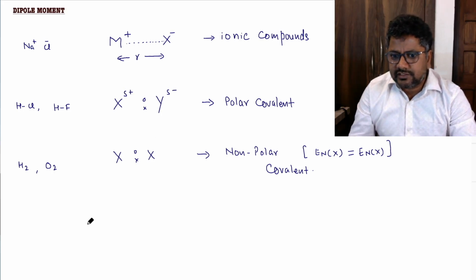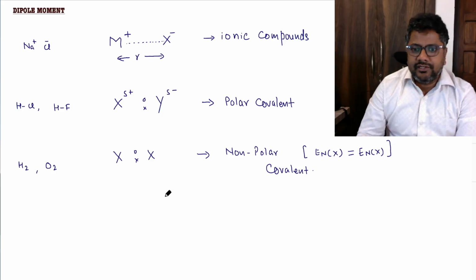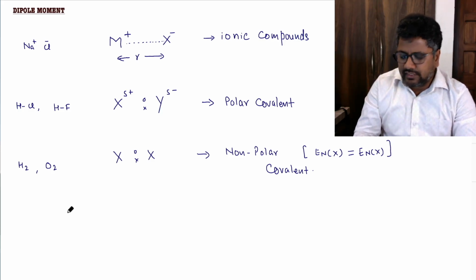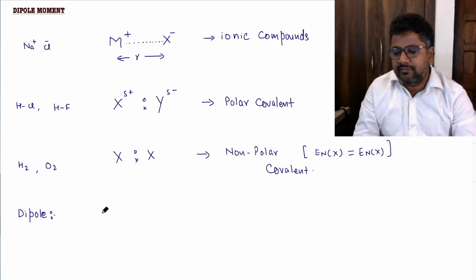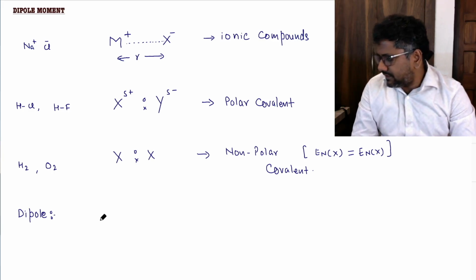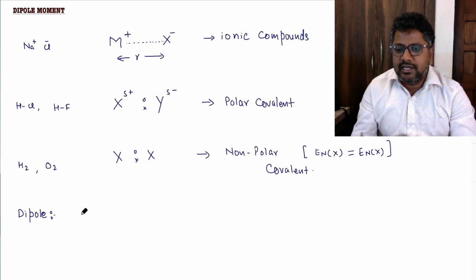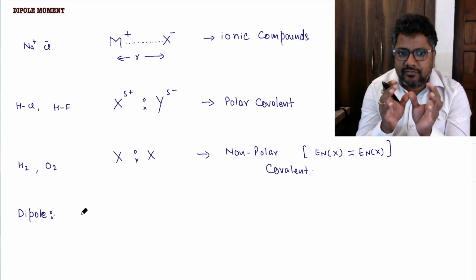In physics also you will find the definition of dipole. There is a scientific definition of dipole. Dipole is an arrangement of oppositely charged ions.